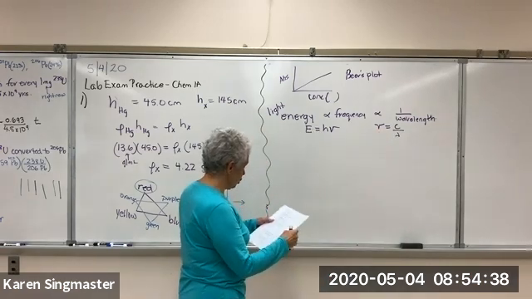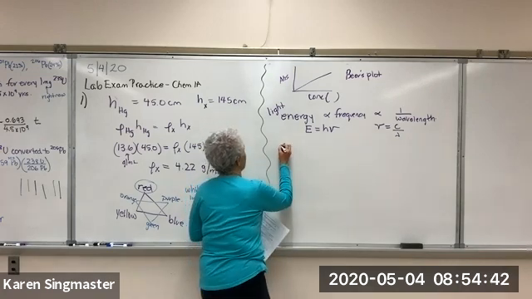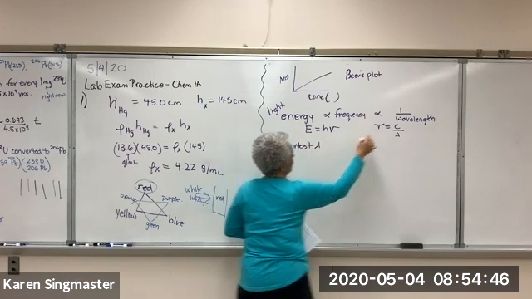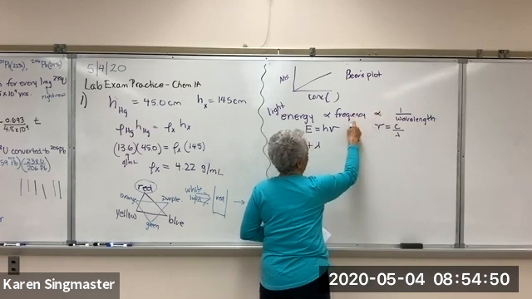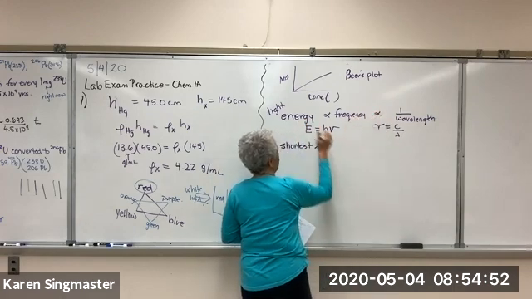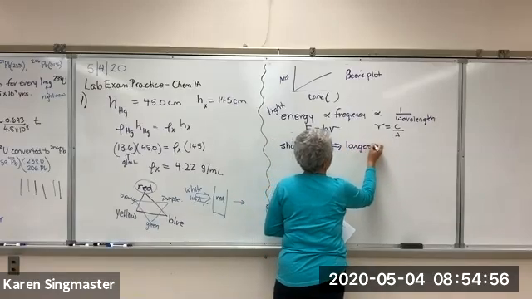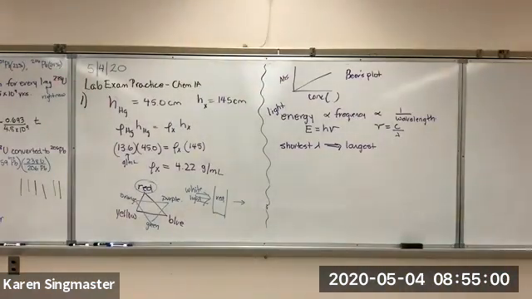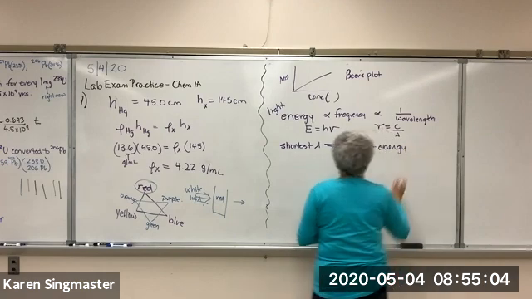So this question says you're looking for the shortest wavelength, shortest lambda. If it's small, then that makes this big because they're inversely related. If that's big, it makes this big. Means largest energy, right?